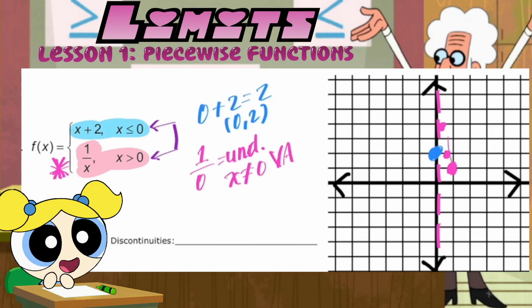Now, what's going to happen is you're going to get closer and closer to that vertical asymptote as you get closer and closer to 0. So even though you might think, oh, this looks like a jump discontinuity, it does, but I think it better qualifies as an infinite discontinuity.